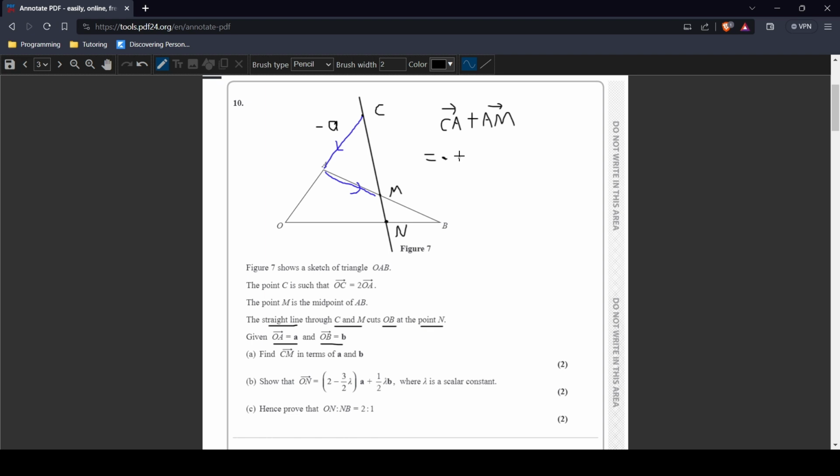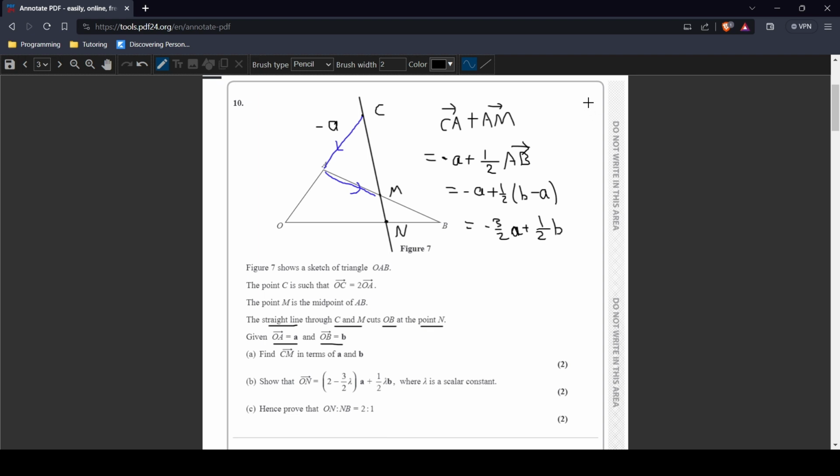And then the vector AM is just a half of the vector AB, but the vector AB is just b minus a. Okay, and then simplifying, this becomes minus 3 halves a plus a half b.